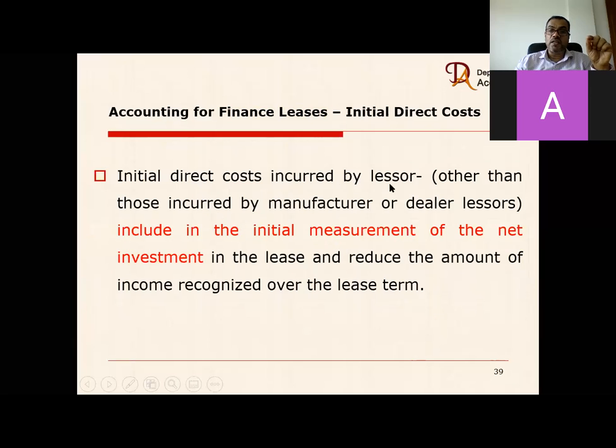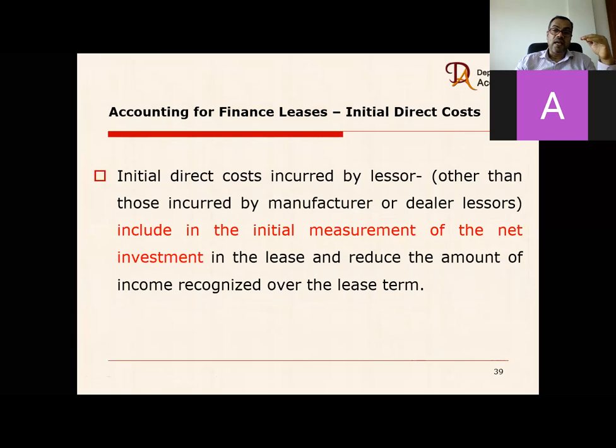Initial direct costs incurred by the lessor, other than those incurred by the manufacturer or dealer, so that is something else, are included in the initial measurement of the net investment in the lease and reduce the amount of income recognized over the lease term.